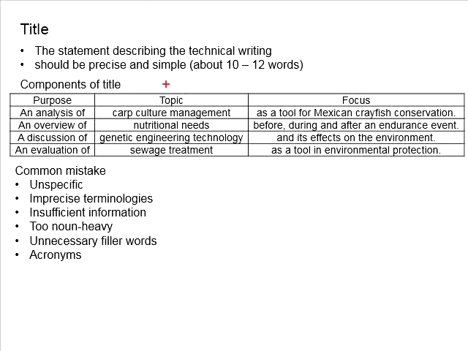The second component will be the topic. That will be the main topic or main subject that you intend to study. It establishes the field of the study as well as the major content of your paper. This is of course at a slightly broader level as compared to the focus.